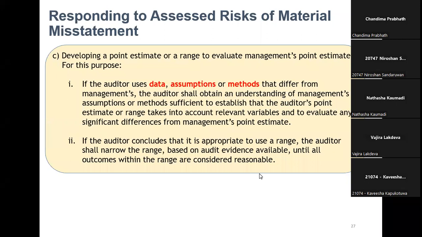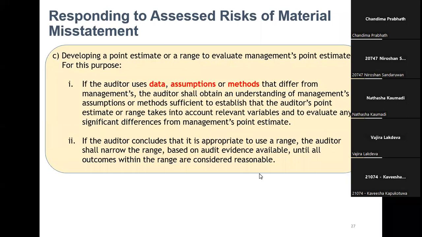For this purpose, the auditor may use data, assumptions or methods that differ from management's. As an example, if management is doing the fair valuation of investment property based on the market approach, and the auditor believes the intention is to earn rental income, then the income approach should be used.